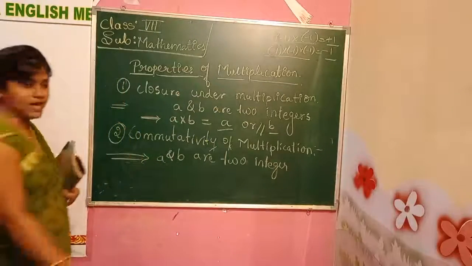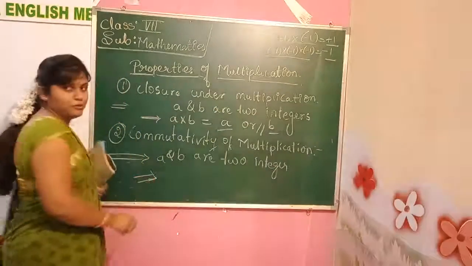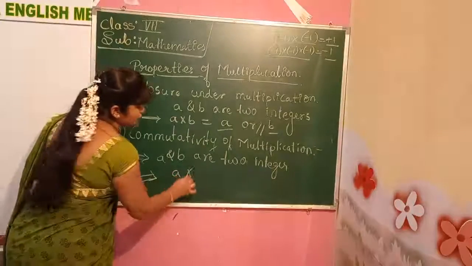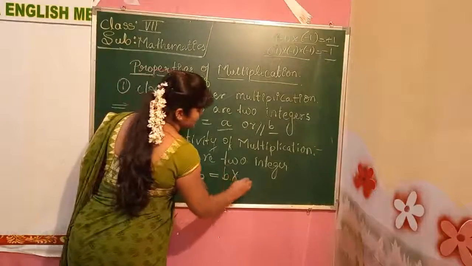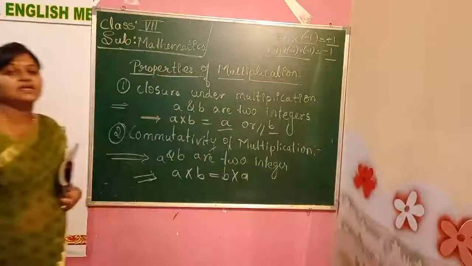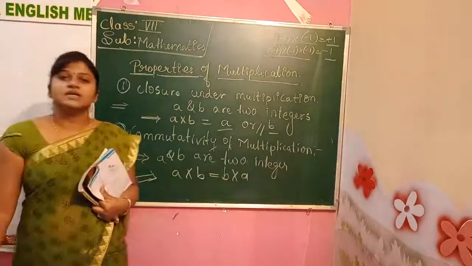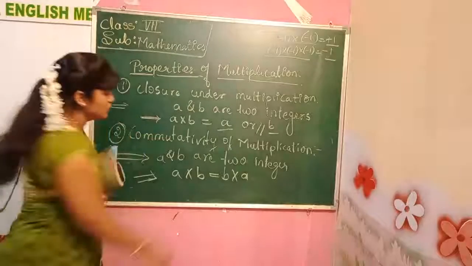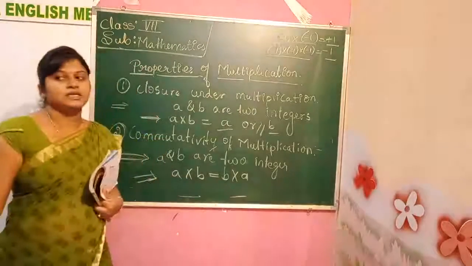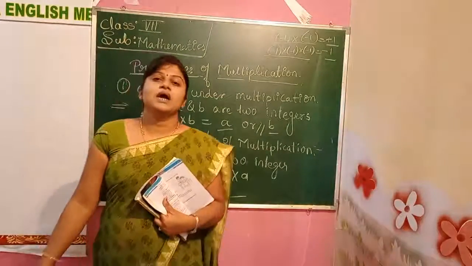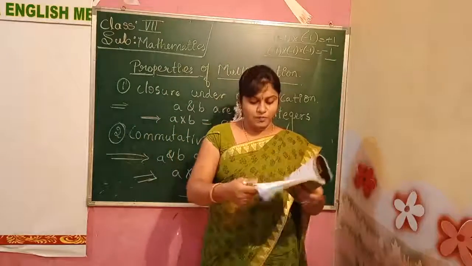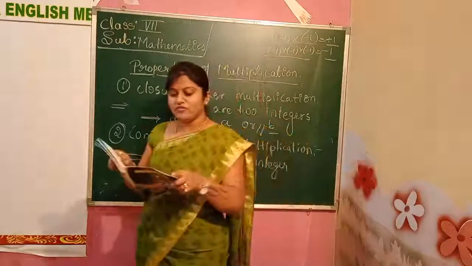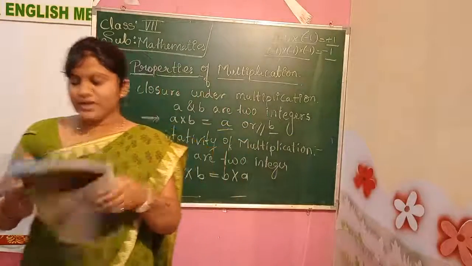When we multiply two integers, that is A into B, and reverse them, that is B into A, we get the same integer. In both cases, we get the same integers. That is called the commutative property. Children, we will solve one example on this commutative property.